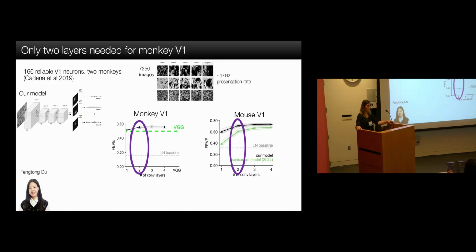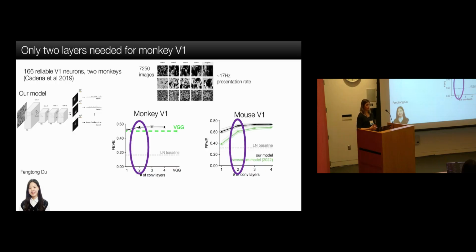There are some neurons that are better explained by the first layer, but a lot of them need 2 convolutional layers, especially in the mouse case. In the monkey case, basically 2 layers doesn't do much better than 1 layer. But in the mouse case, a lot of these neurons are more complicated, and it is something that you can quantify, like for the complexity of a neuron, how many nonlinearities do you need to explain it?